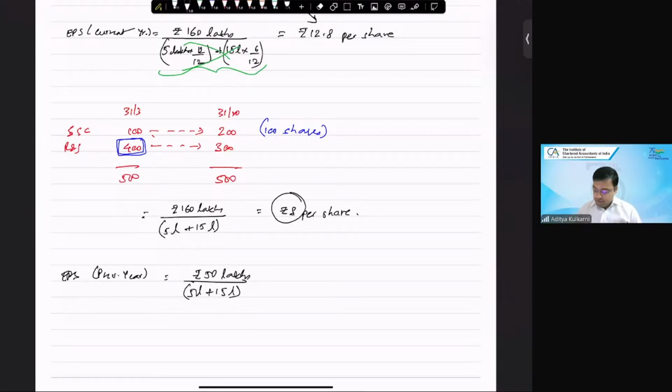And therefore 50 lakhs divided by 20 lakhs, this comes to how much? This comes to rupees 2.5 per share. Are we okay with this? Yes, sir.